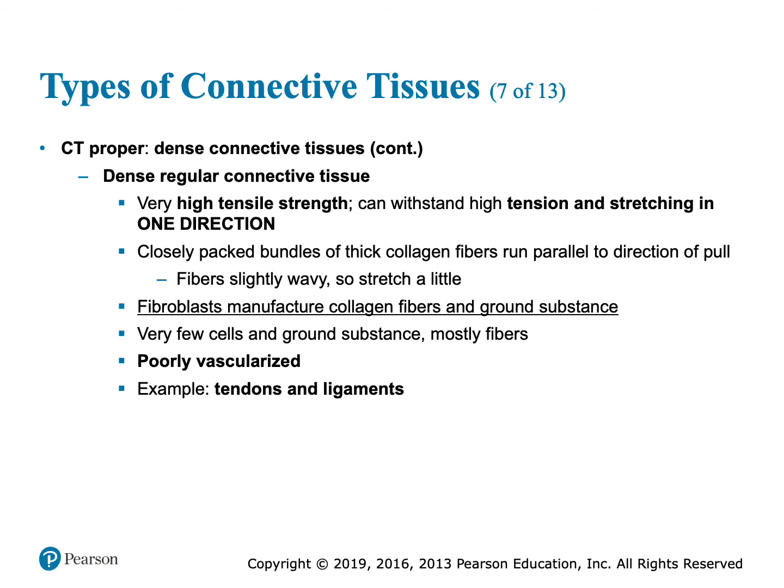You're going to see the occasional fibroblasts in there, lots of collagen, and this kind of connective tissue does not have a good blood supply. From your lab book, you'll remember that examples are tendons and ligaments. If you rupture your cruciate ligament, you need surgery for repair. It does not have a blood supply good enough to heal itself.